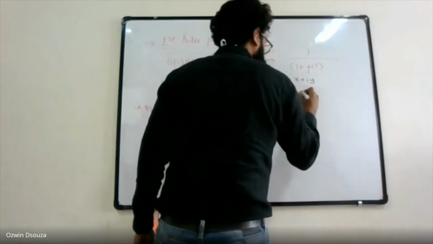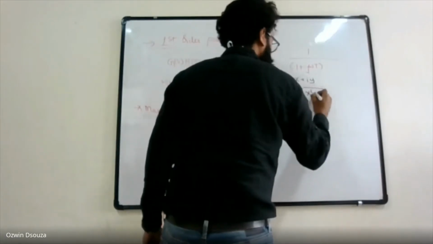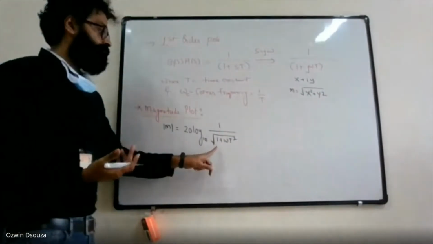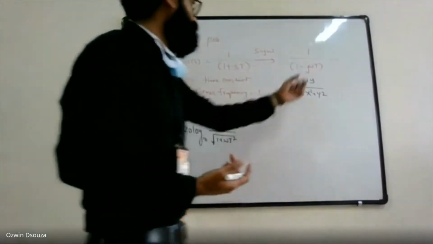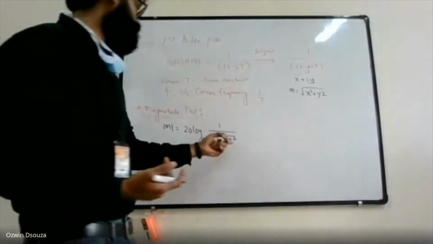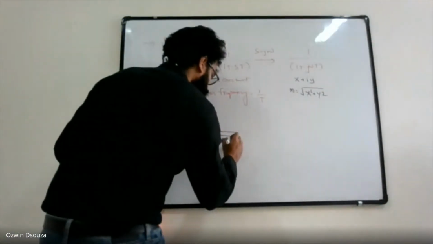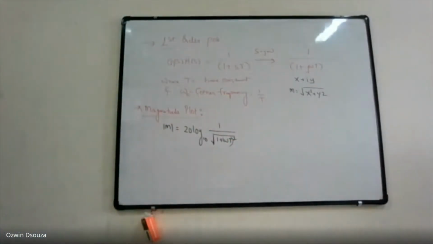Then mod becomes under root x squared plus y squared, same thing. So x being 1, it remains 1, and y being omega T, so it is omega T the whole squared. Okay, this is what you get.